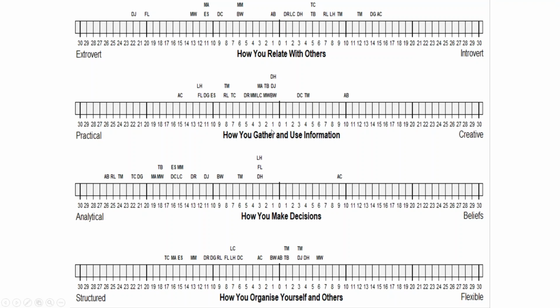But you can say, certainly looking at the second continuum, that it's probably a more practical than creative team, because you've got a number of preferences over here on the left-hand side on the practical domain. So this team's probably going to be very much in the here and now, and these individuals over here are probably likely at times to feel isolated because their preferences are not the majority.